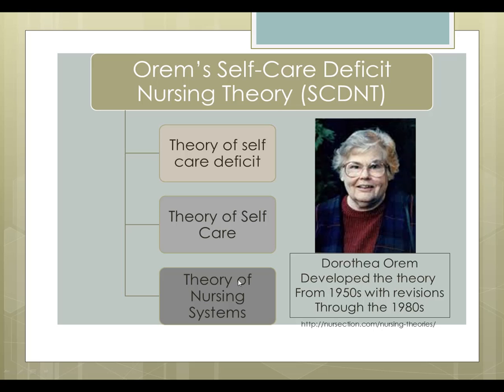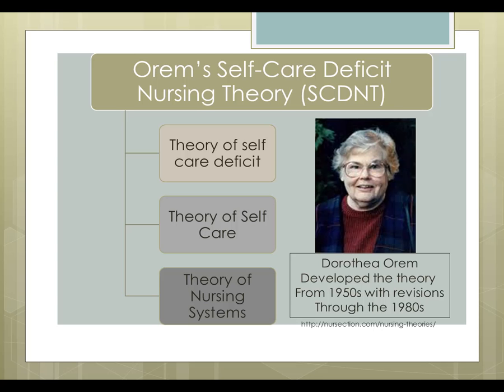Each one of these is an independent theory in itself. So if you just talk about the theory of self-care deficit, you are not talking about the overreaching model that Orem put forth. The overall model includes all 3 of these theories. You can talk about just one of them, but it isn't the overreaching model.